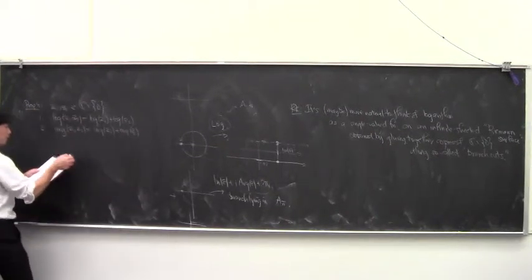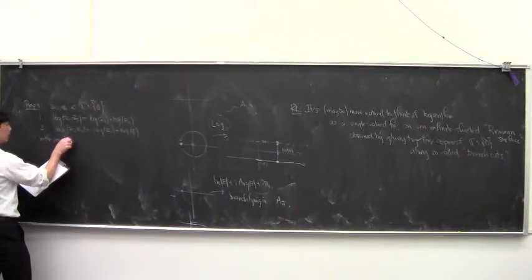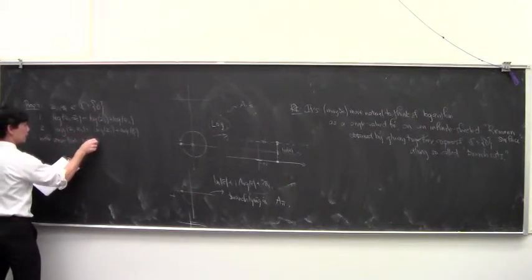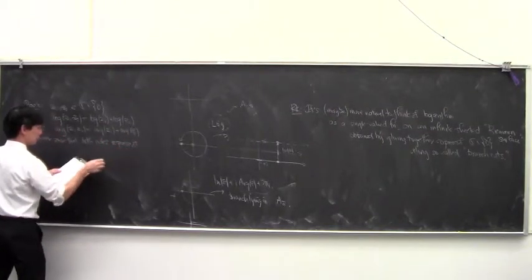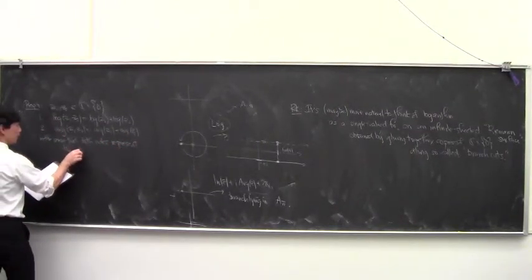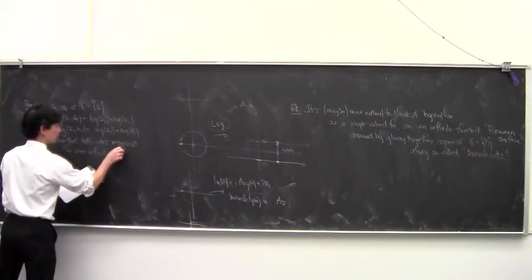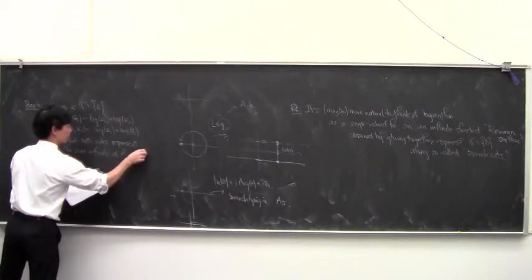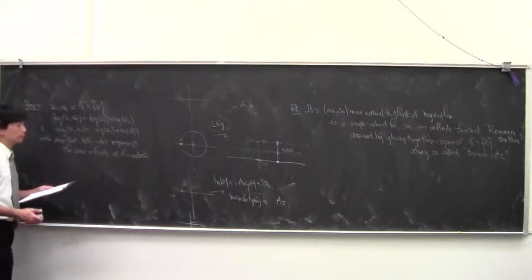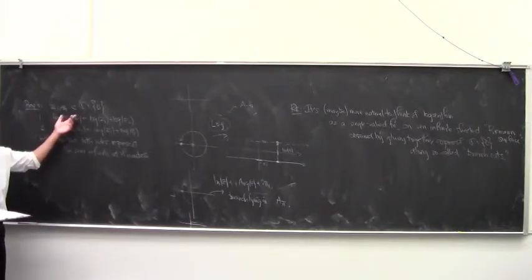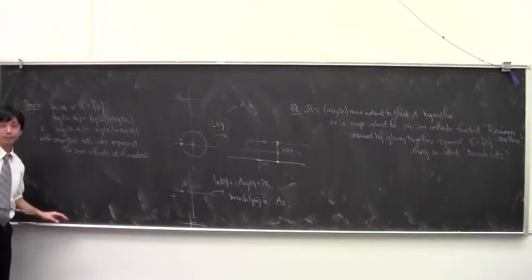So, in the sense that both sides represent the same infinite set of numbers. So as sets, these things are going to be equal.